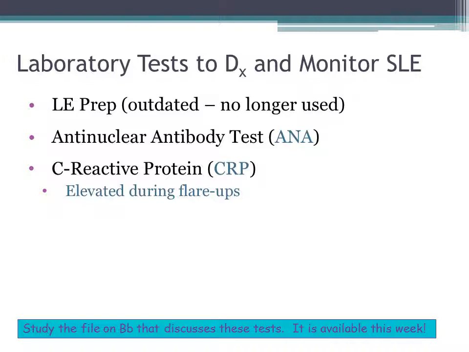However, in a person under treatment, the CRP can be used by the doc to help evaluate whether the treatment he is using is being effective or not. And also, if he suspects a flare-up may be coming or in progress, he can order CRP to confirm that.